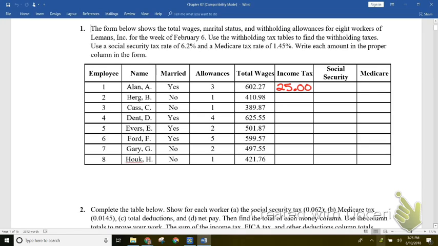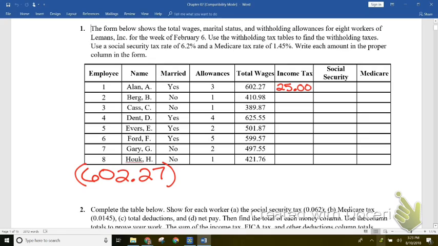Next, we need to figure out how much money Alan is going to pay in Social Security and Medicare. So for Social Security, that rate was 6.2%. So we're going to find 6.2% of his wages, which was $602.27.